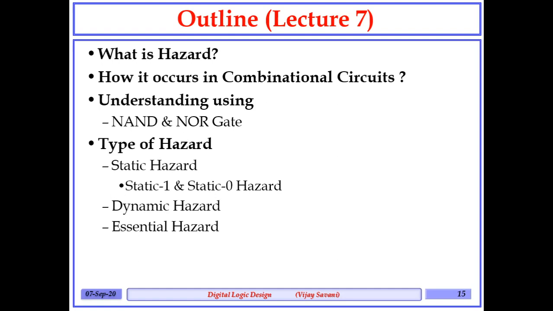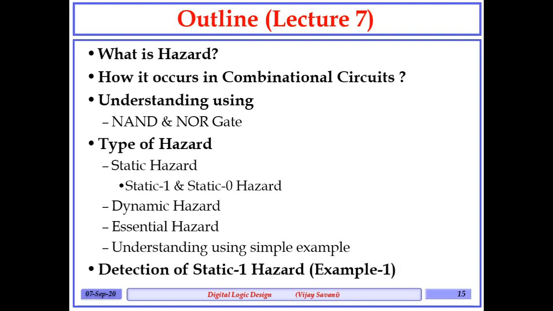So in this series of two lectures, we will discuss the static hazard and the theoretical part about the dynamic hazard. We will understand this phenomenon of hazard using a simple example. Then we will formally complete the understanding of the hazard.